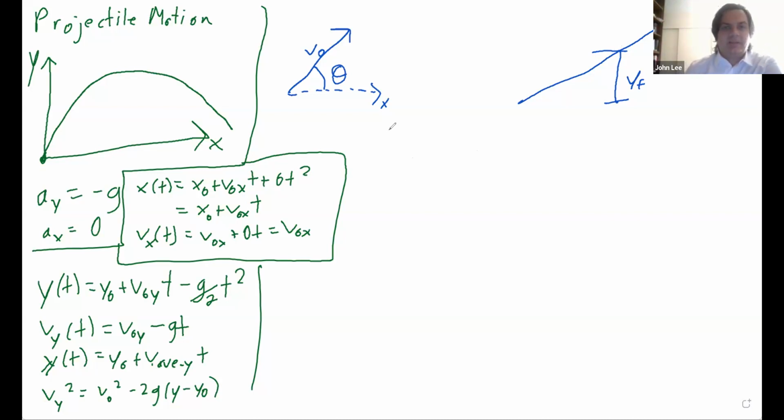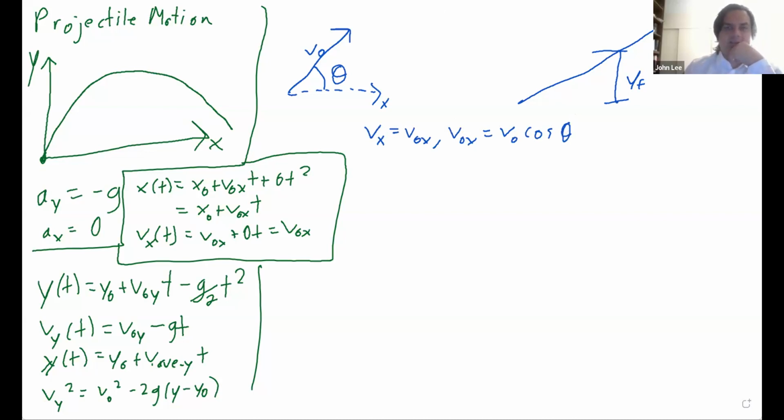So if you do that, then you're going to need to write down all of your variables in this equation that you know and that you don't know. So you know Vx equals V naught x, and V naught x equals V naught cosine theta.